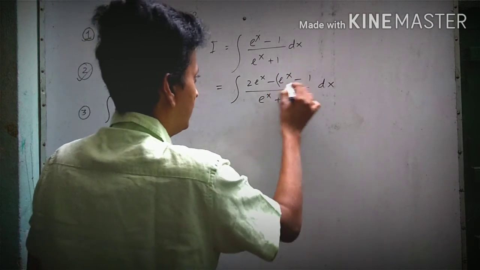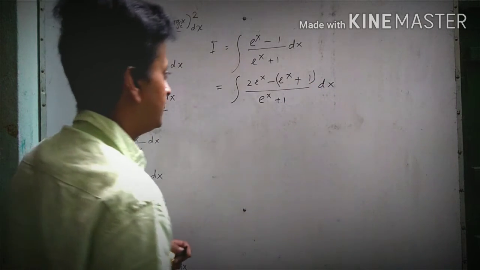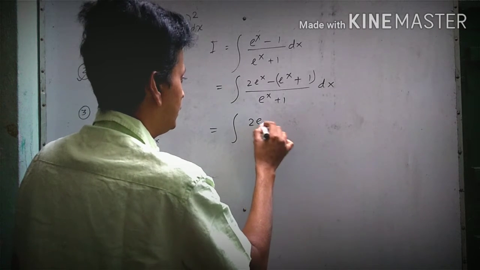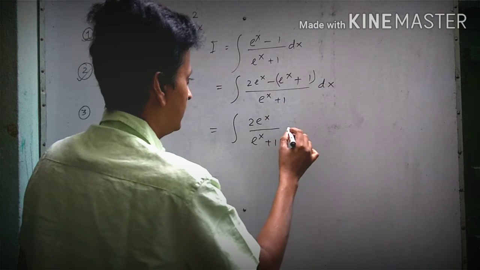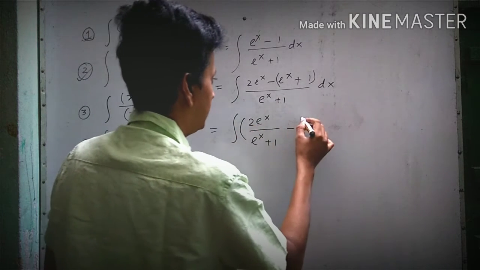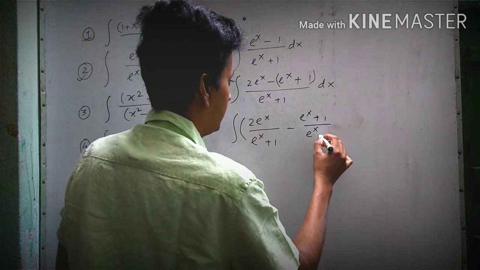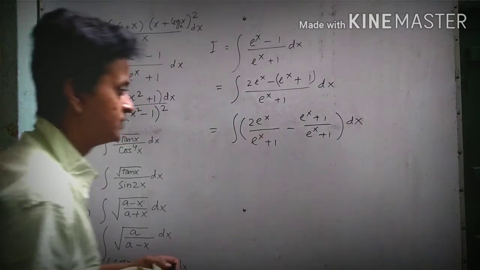So we can write it as 2 into (e to the power x by (e to the power x plus 1) minus (e to the power x plus 1) by (e to the power x plus 1)) dx.